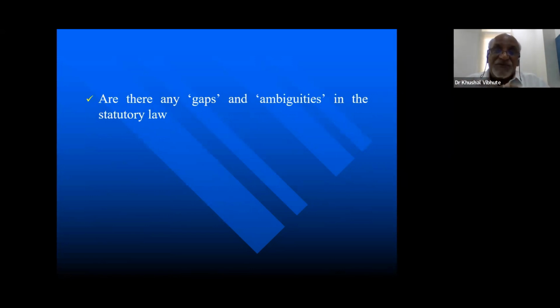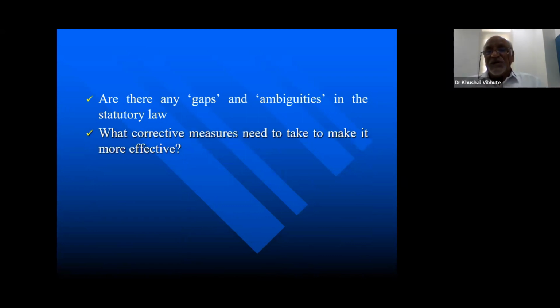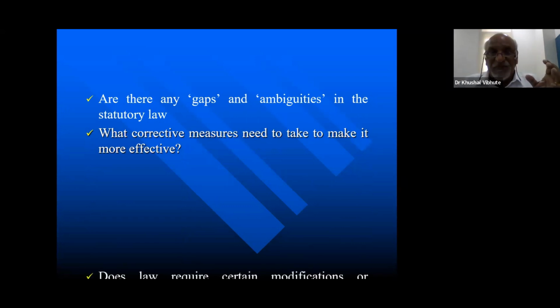Sometimes drafters of the law may intentionally or unintentionally keep some loopholes, some gaps, some contradictions in the law. Therefore, a legal researcher can undertake an inquiry highlighting those gaps and ambiguities. And once he has done this, he may suggest some corrective measures to plug those loopholes, to bridge that gap, or he may suggest certain modifications or replacement.